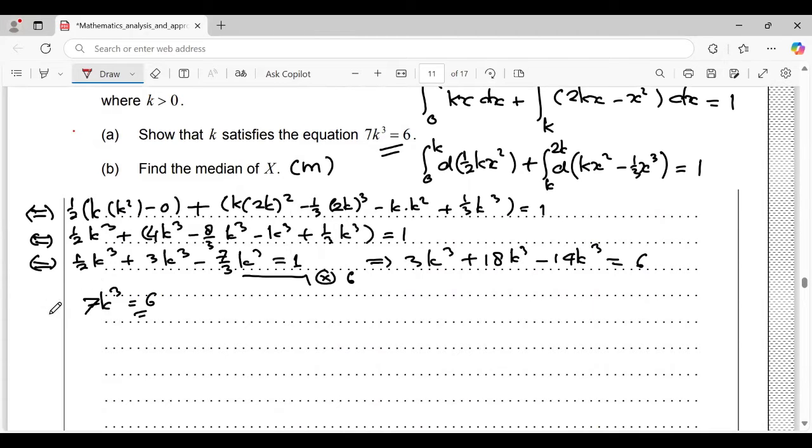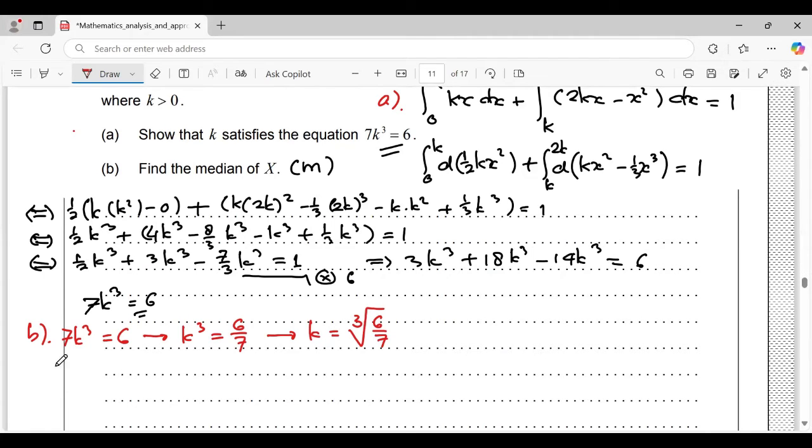So this is part A, and this is part B. 7k cubed equals 6, so k cubed equals 6 over 7, or k equals the cube root of 6 over 7.